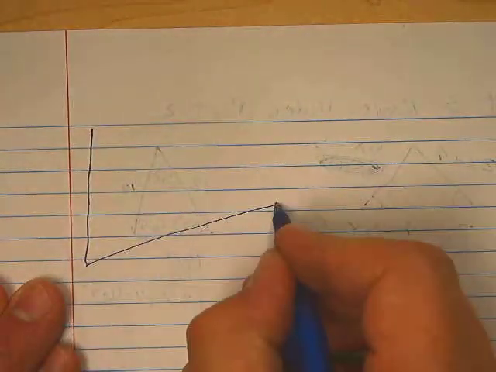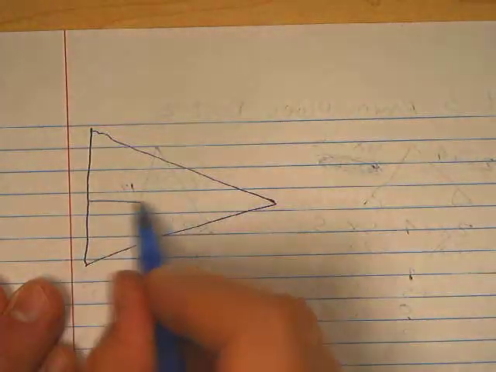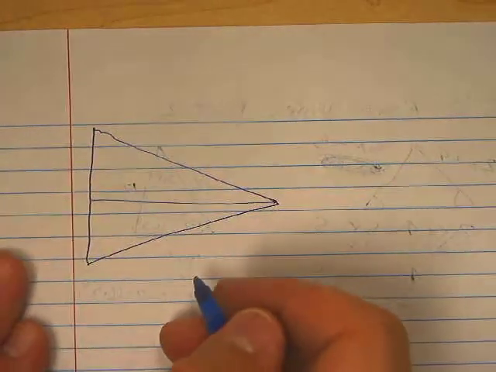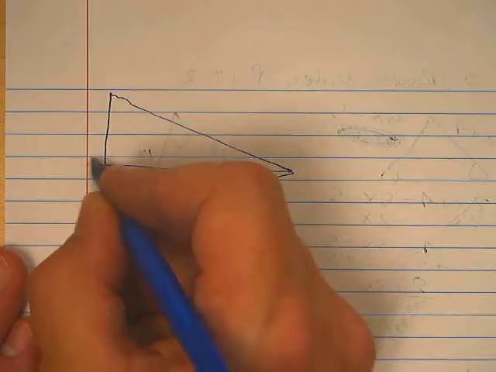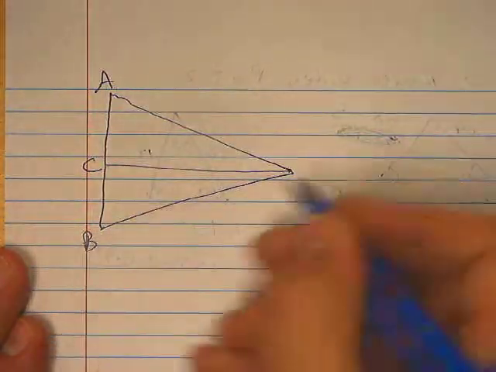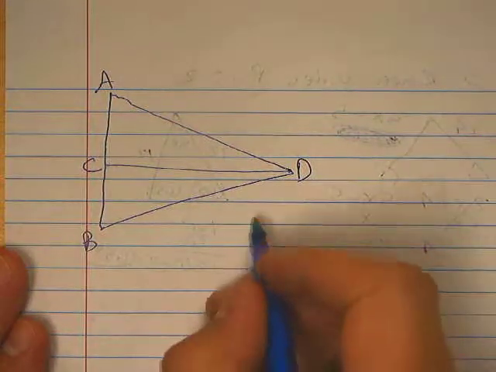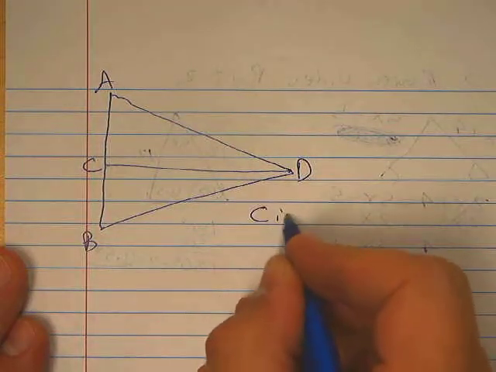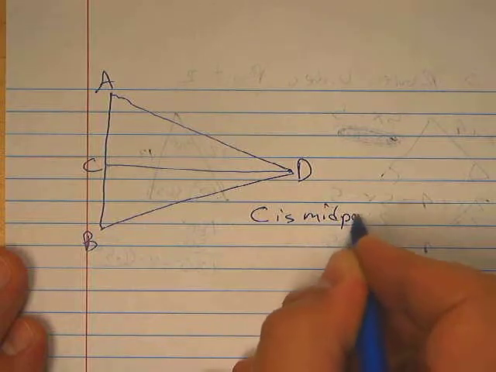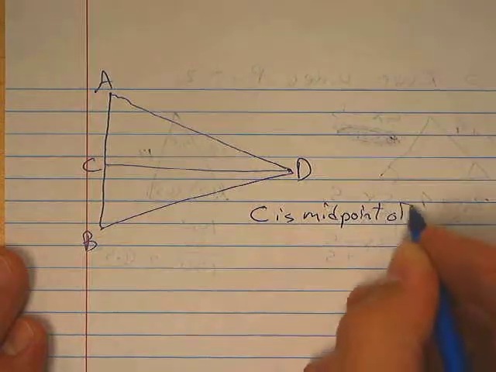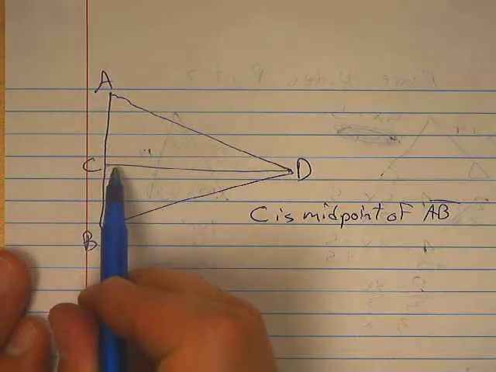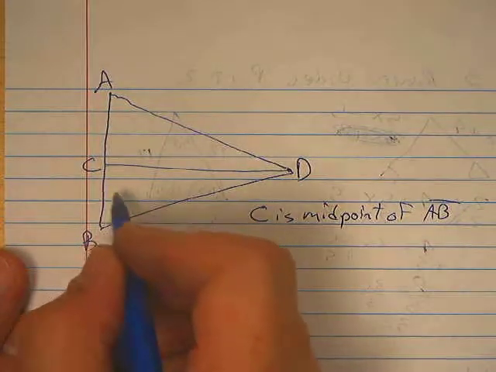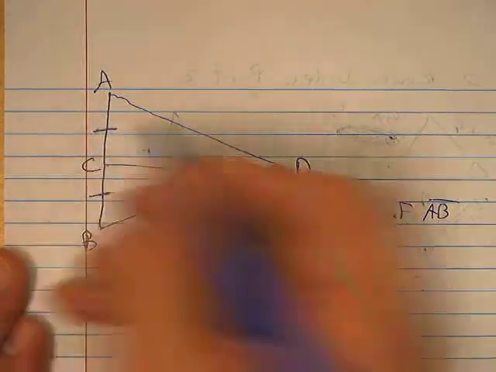All right. Another wonderful problem here. Now let's say you're given two triangles again. And let's say this is A, B, this is D. Let's say it tells us that C is the midpoint of AB.